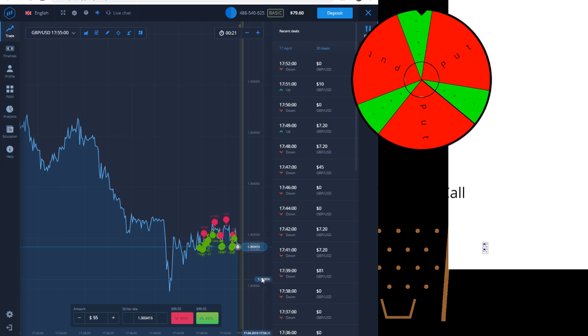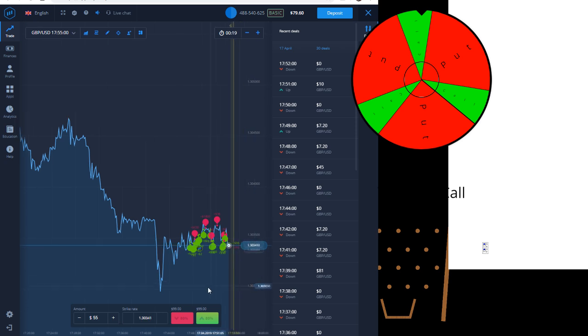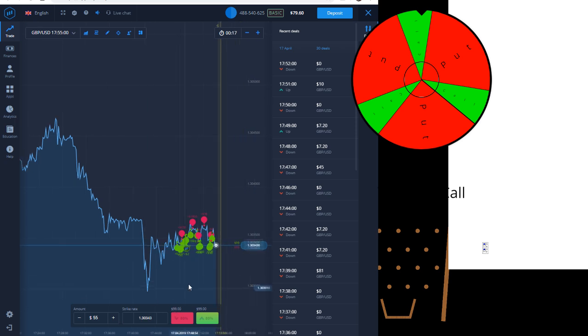Okay, there seems to be some micro movements here. What I'm gonna do is, when it's going downwards now, but when it goes up a little bit, I'm gonna hit downwards. I do not have any idea where this is going.